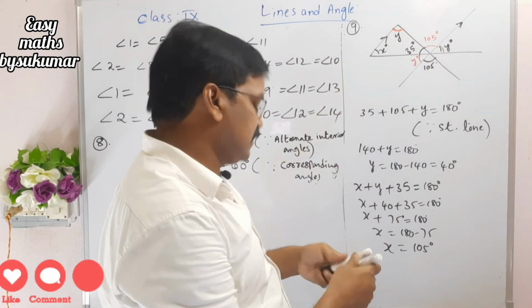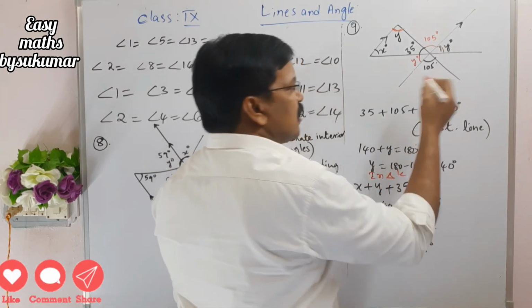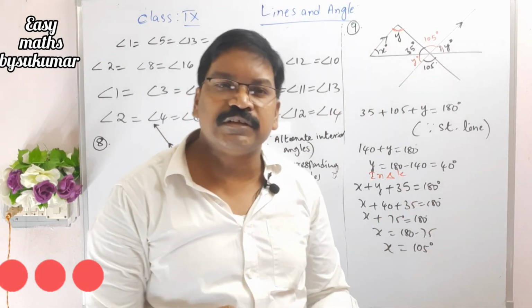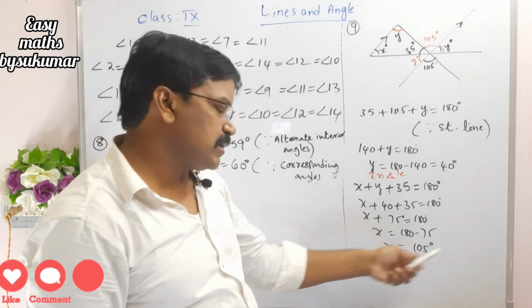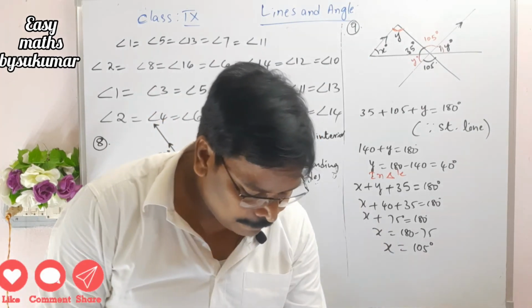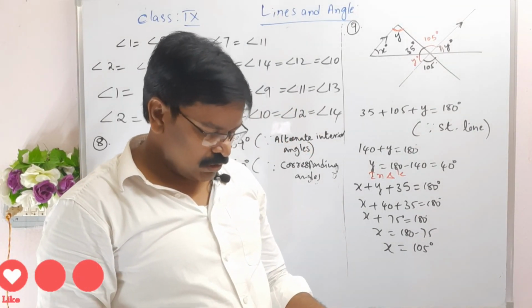Therefore, in this triangle, name is not given here. That's why x plus y plus 35 is equal to 180. Sum of the interior angles in a triangle is 180 degrees. So, from this x is equal to 105 degrees. Okay, my dear students. Now, we will do the next sum.